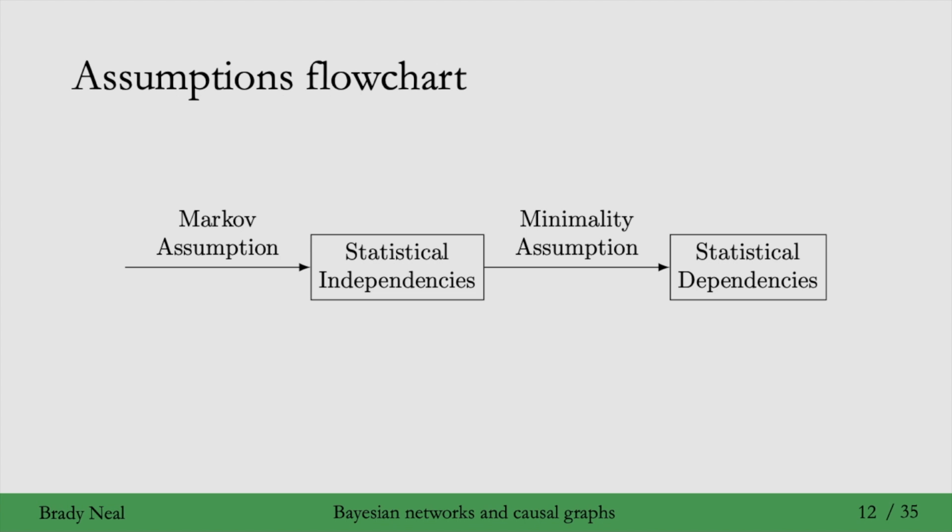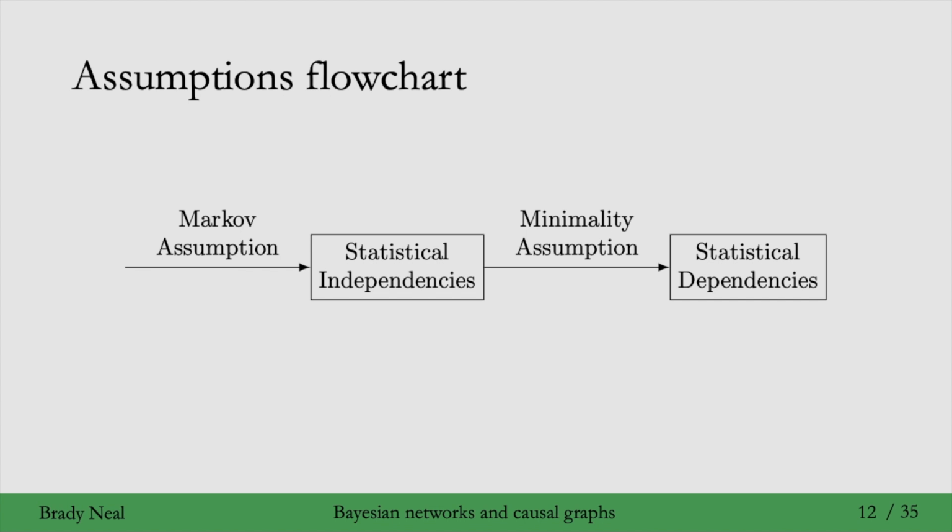So the two assumptions we've seen so far are the Markov assumption and the minimality assumption. And the Markov assumption gets us to statistical independencies. It lets us read off statistical independencies about a distribution given a corresponding directed acyclic graph.